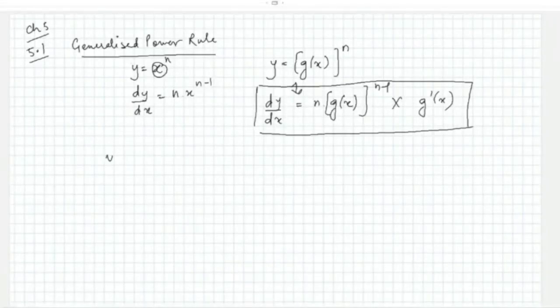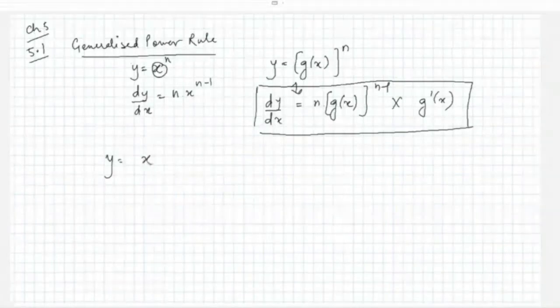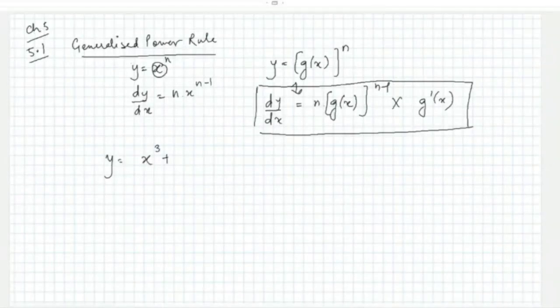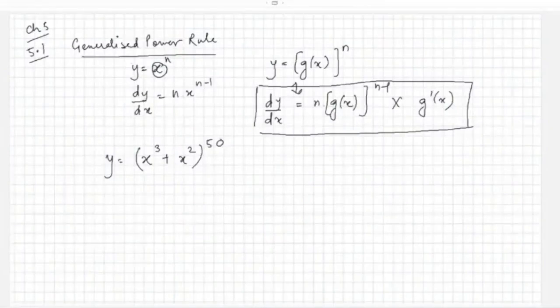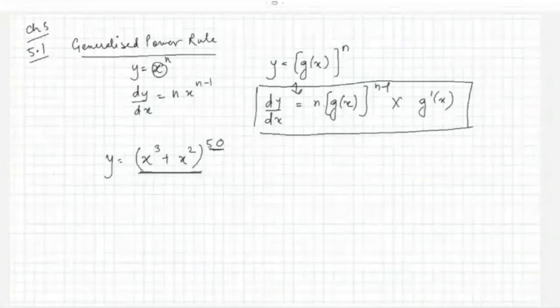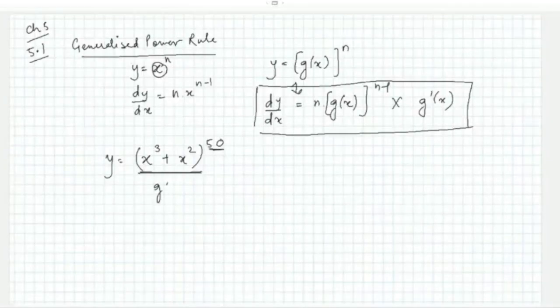So take a simple example. Say y is equal to (x raised to the power 3 plus x raised to the power 2) whole raised to the power 50. Now what do you see here? You see that 50 is the exponent of this entire term, and this term is basically some function of x.